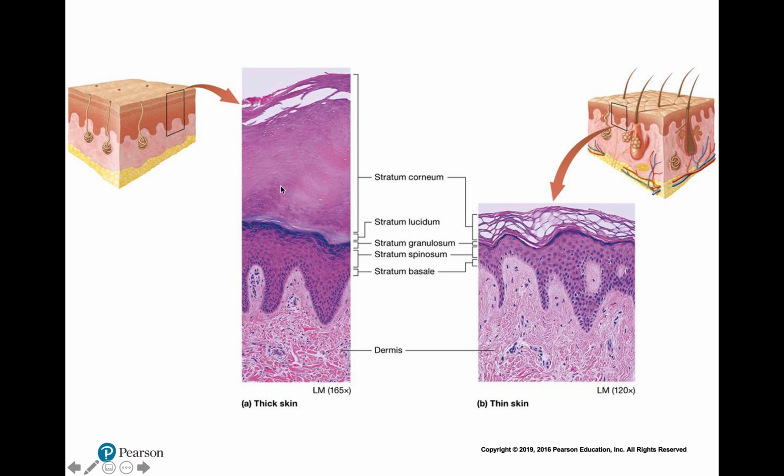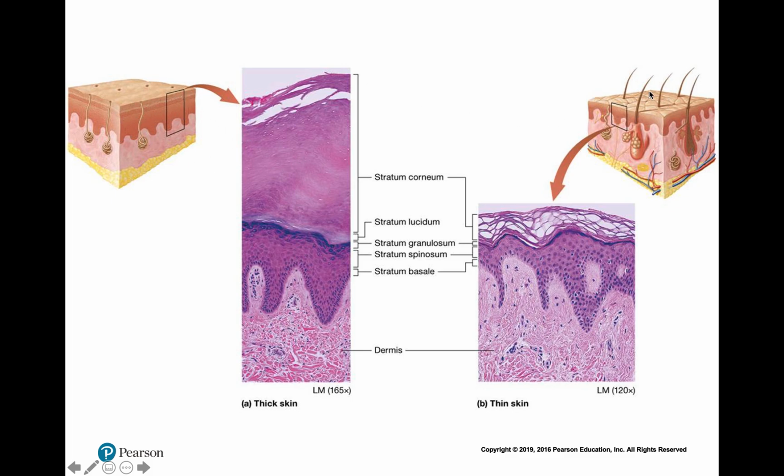You find thick skin in the areas of the epidermis that are going to be subjected to even higher amounts of abrasive forces and mechanical trauma. So the palms of your hands, the soles of your feet, you'll find that will be thick skin, so it will have a much thicker stratum corneum layer. If you notice over here in this cartoon image of the cutaneous membrane, thick skin will lack hair.